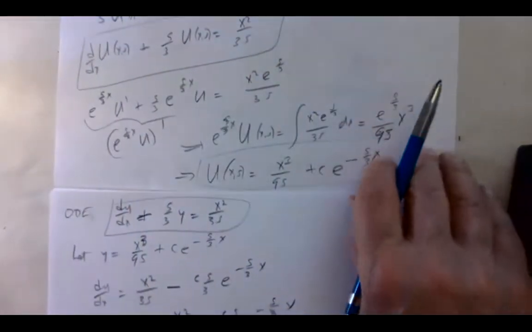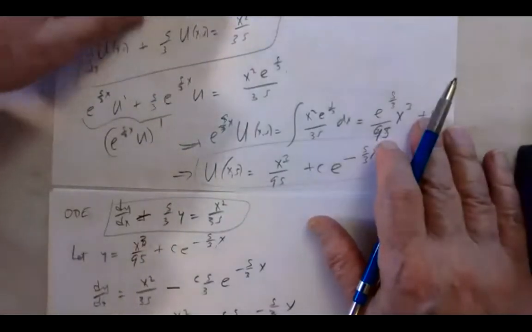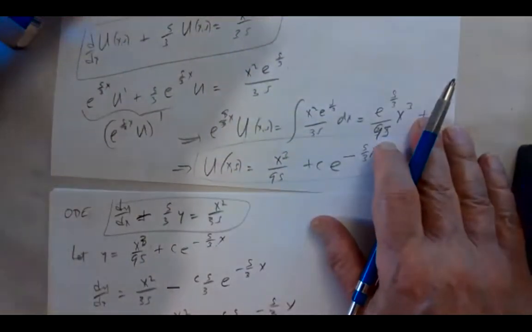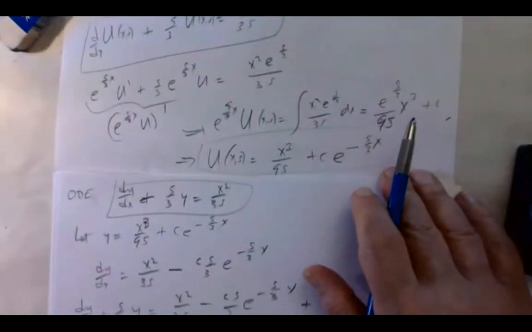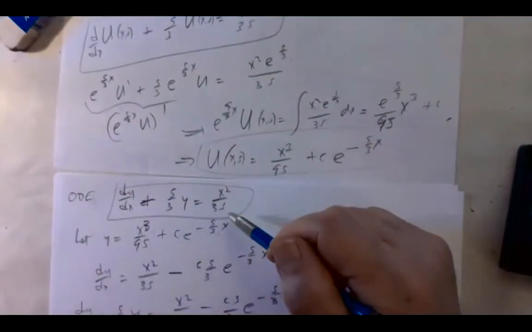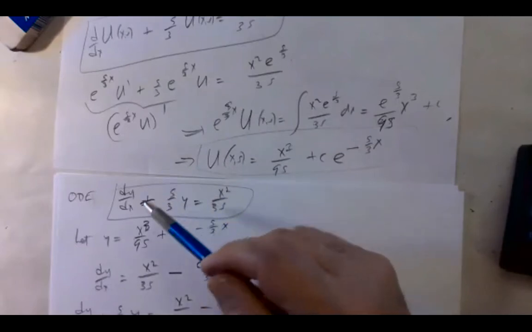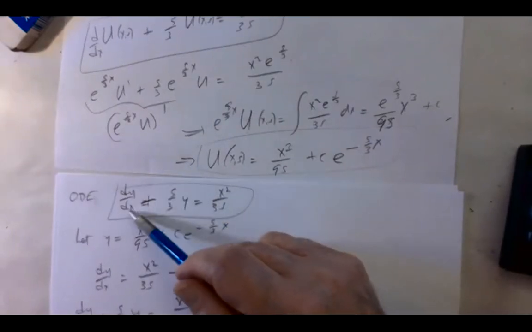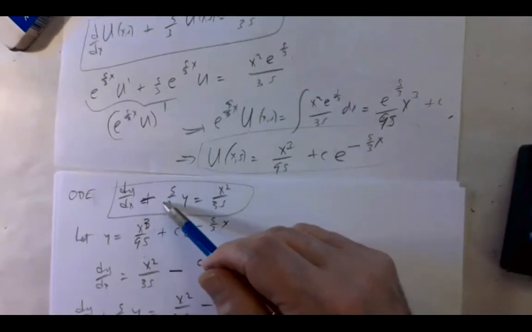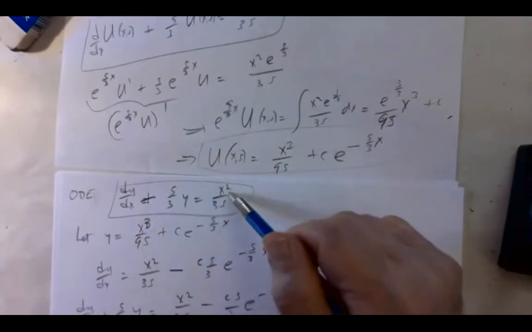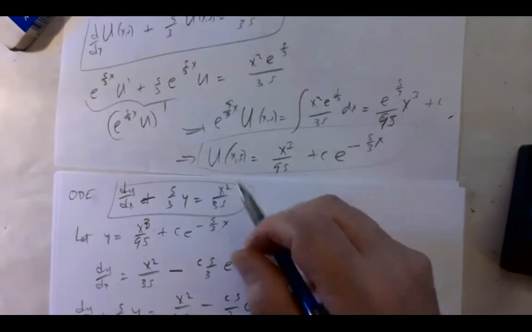Have any of you solved this little differential equation yet? Assuming this is my differential equation, if I just write u as y, so it looks like an ordinary differential equation, dy/dx plus s over 3 y is x squared over 3s.